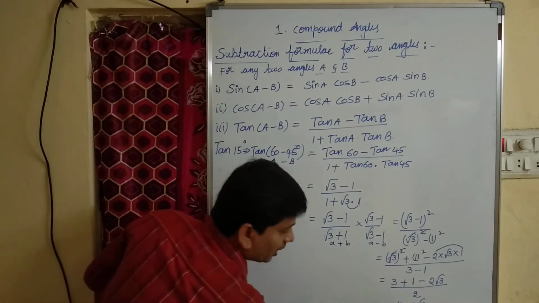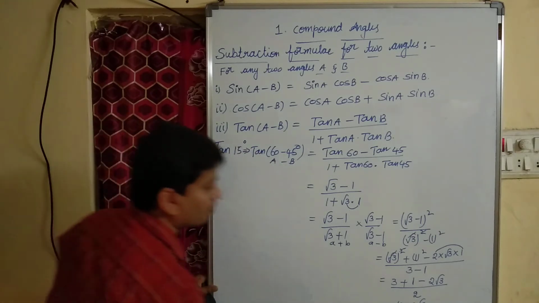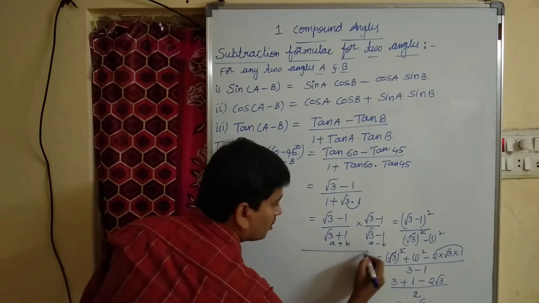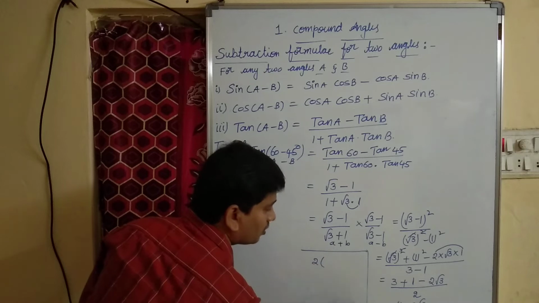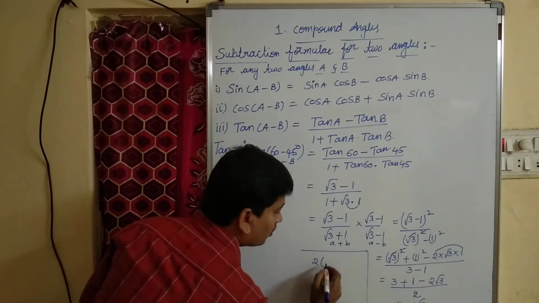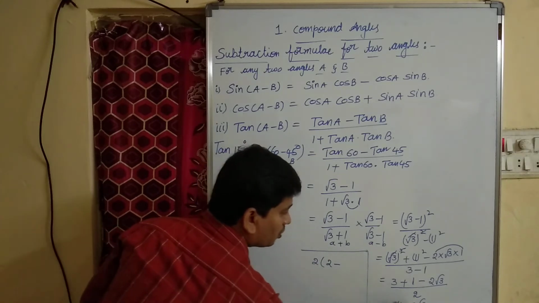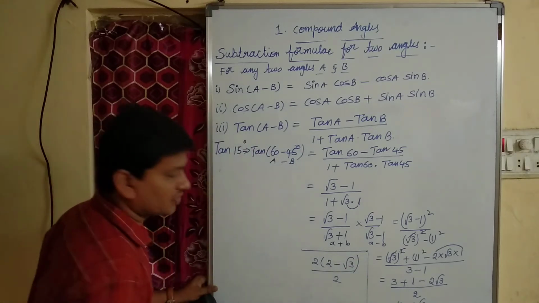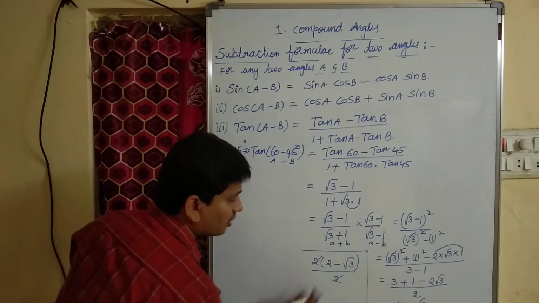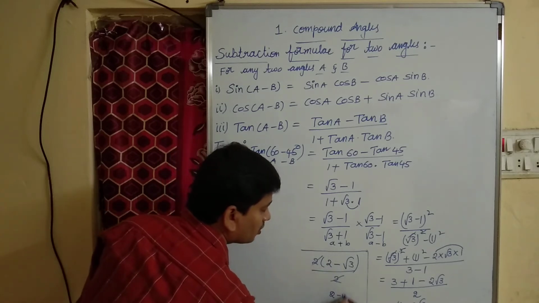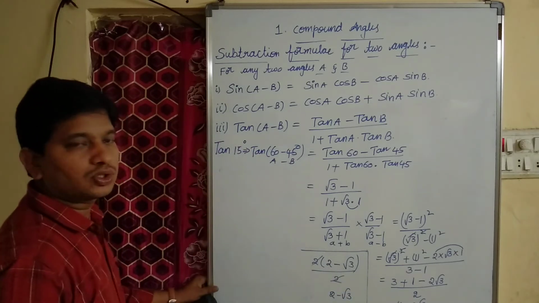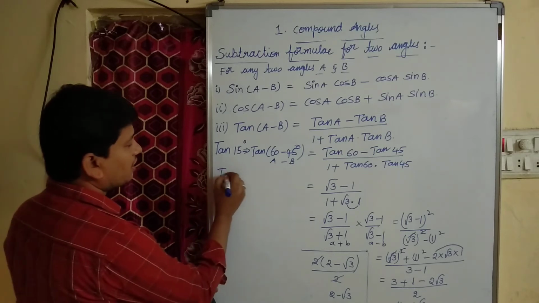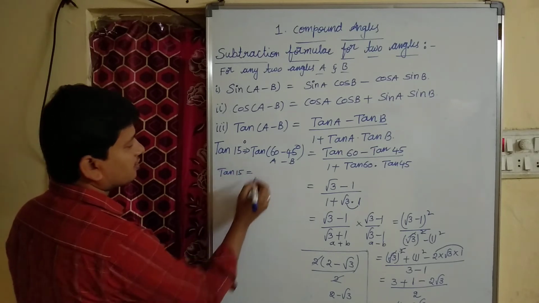Now from these two terms I can take 2 as common. If I take 2 as common, 2 2s are 4 minus 2 1s are 2, divided by 2. The 2 cancels, giving 2 minus root 3. So students, what is the value of tan 15 degrees?